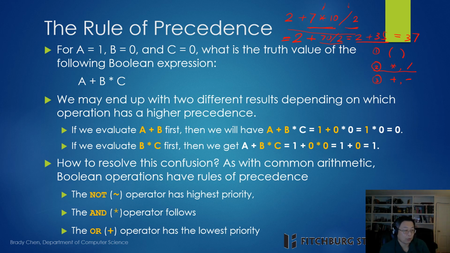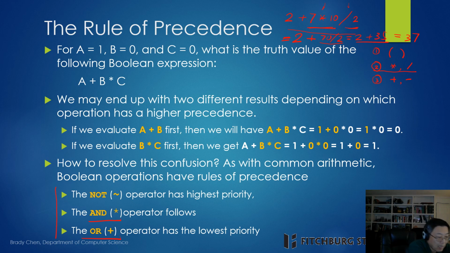Same thing with a Boolean expression. We have to define the rule of precedence. In Boolean algebra, the rule of precedence is like this. The NOT operator has the highest priority, followed by the AND operator, and then the OR operator.